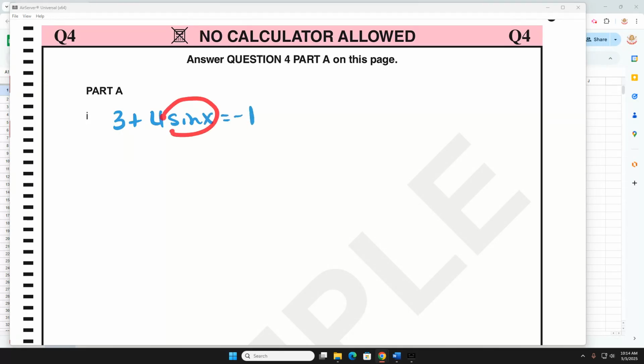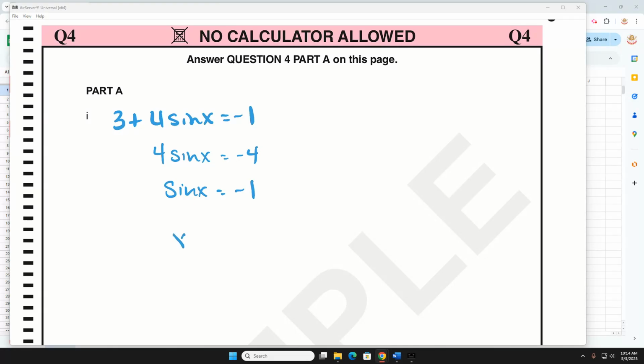All right, you guys take a second and you get sine of x by itself on your own. This was a kind of a weird situation where it still equals negative 1 even when you get the sine of x by itself, but it's fine.